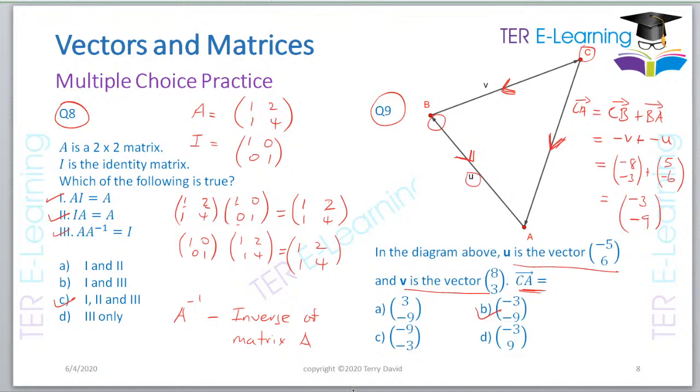Because I've seen a lot of you all have A for your answer. So CA is equal to CB plus BA, so that is minus V plus minus U, so minus V minus U, that's (minus 8, minus 3) plus (5, minus 6). Minus 8 plus 5 is minus 3, and based on what I'm looking at here, the answer has to be B.